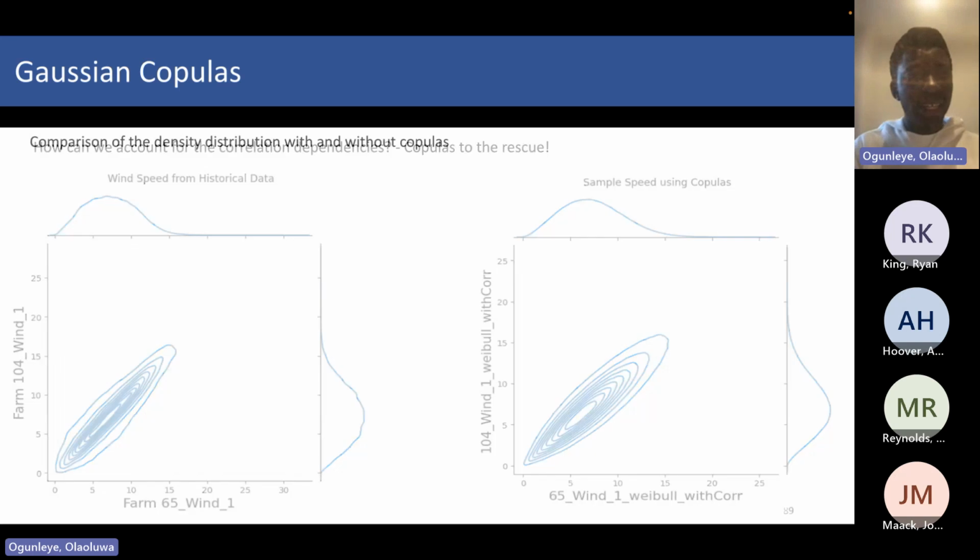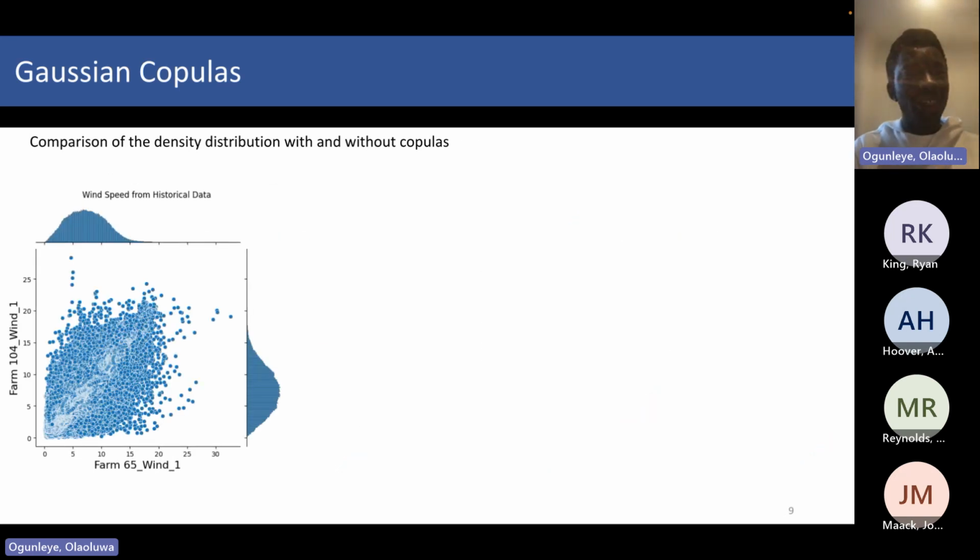So the next slide, this is the actual historical data. On the top here is wind farm 65. On the right here is wind farm 104. And in between them is just the joint distribution of the correlation between those two wind farms. Now, if I try to just run some parameter fitting for each of them independently, this is what I get.